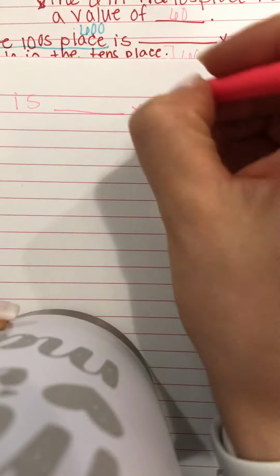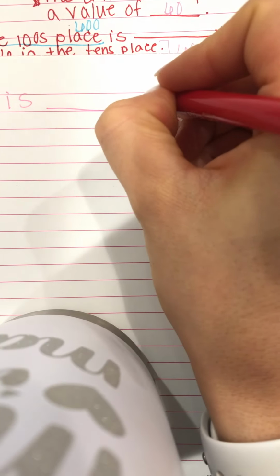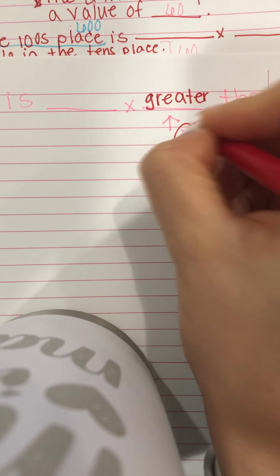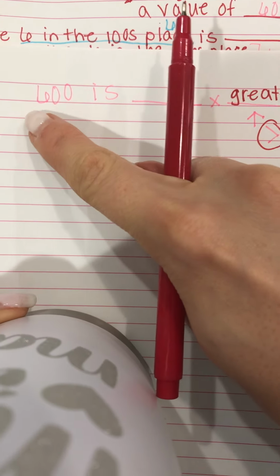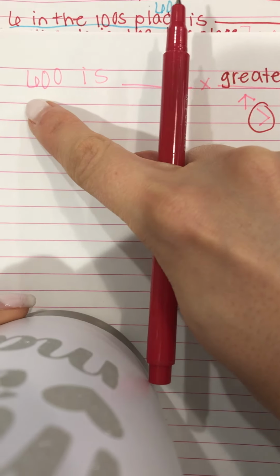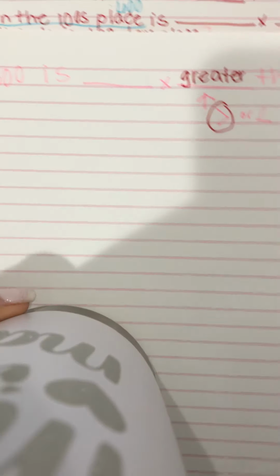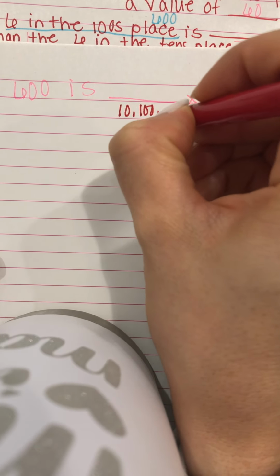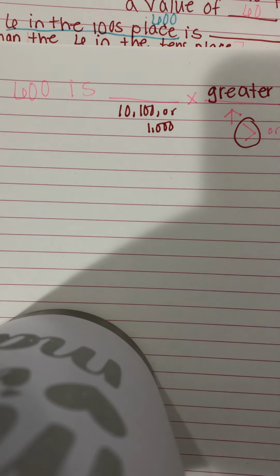Okay, I know 600 is greater than 60. For me, that's the easier blank to fill in. We've got to figure out, is this the bigger number? Then it's greater than, or if this is the smaller number, then it will be less than. Now we need to figure out how many times greater 600 is. Is it 10, 100, or 1,000 times greater?